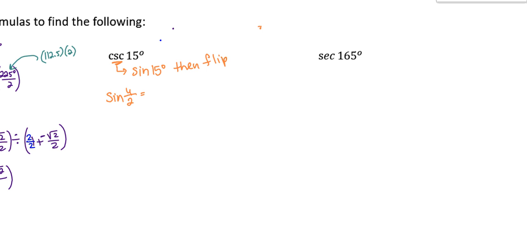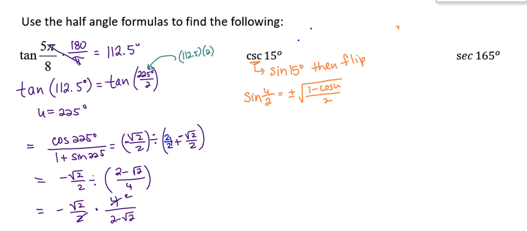That equals plus or minus the square root of 1 minus cosine of u over 2. All right, our u though, I didn't write that down, did I? We want 15 degrees. So 15 degrees times 2 equals 30 degrees. So this is the same thing as sine of 30 divided by 2, which means our u is 30 degrees.